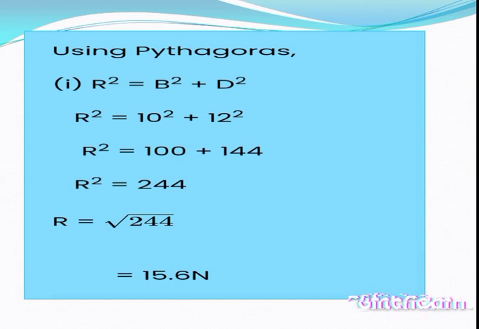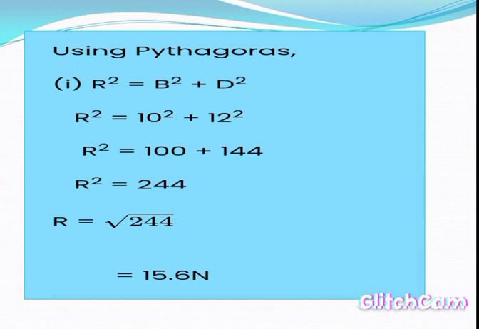R squared is equal to the square of 10, which is 100, plus the square of 12, which is 144. So r squared will give us 100 plus 144. That will give us 244. So to find r, we take the square root of both sides. So r equals 15.6 Newton. Now that is the magnitude of the resultant.